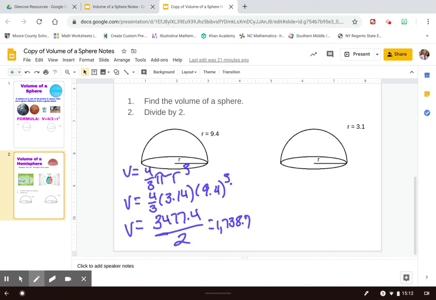Now if I look at the hemisphere next to it, again we start with the same formula. Volume equals 4/3 pi radius to the third power. My radius here is 3.1.